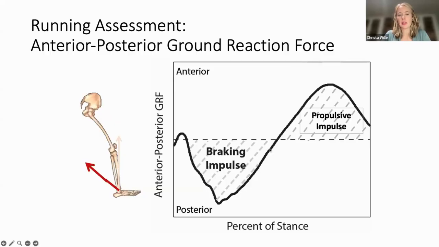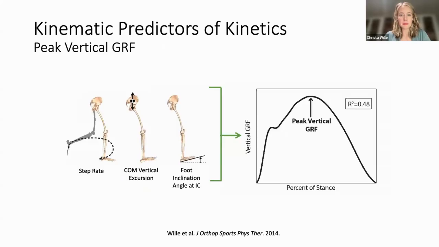You're only looking at the stance phase in these figures now. And then the propulsive impulse is the latter half of stance, as that anteriorly directed force is propelling the runner forward. So the take-home of this study was that some of those key spatial, temporal, and kinematic measures do in fact demonstrate an association with our kinetic measures.